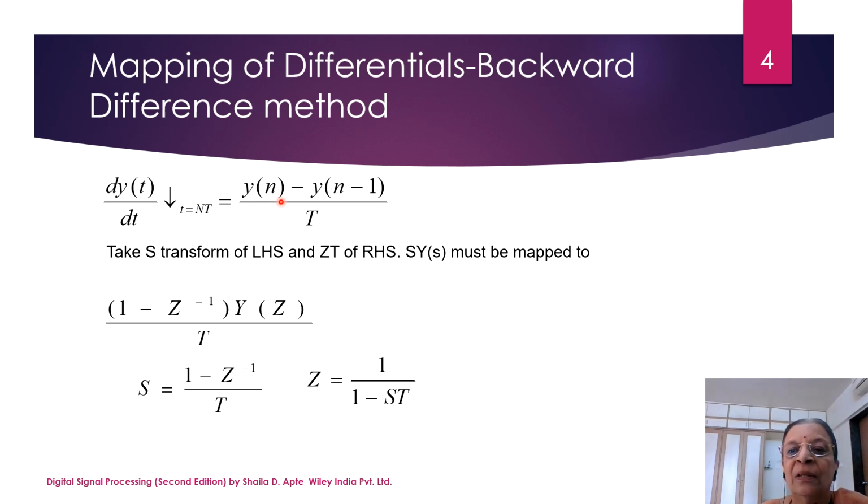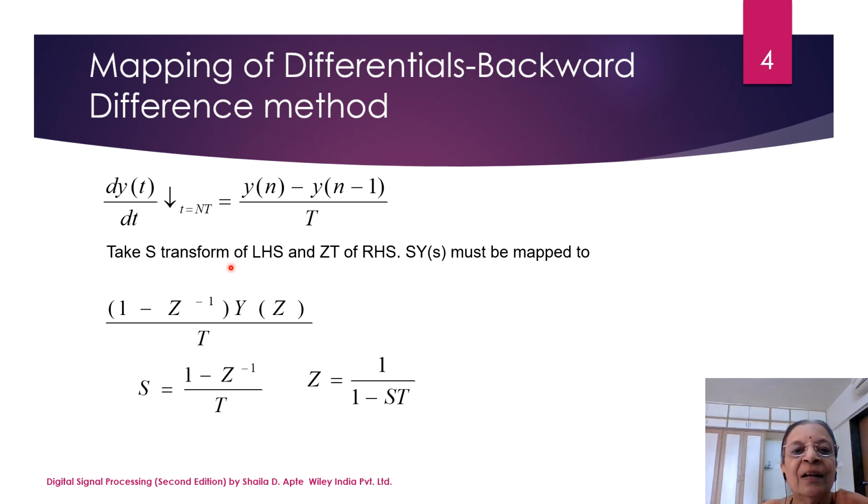Now, what happens in case of the backward difference? We map the backward difference, that is y[n] minus y[n minus 1], the difference of the current sample with the previous, backward sample, divided by T, onto dy(t)/dt at t equal to nT.